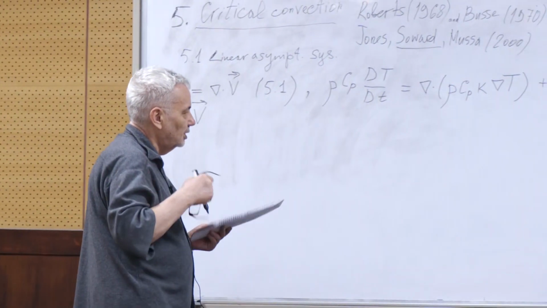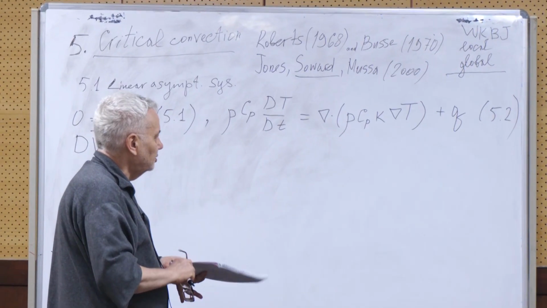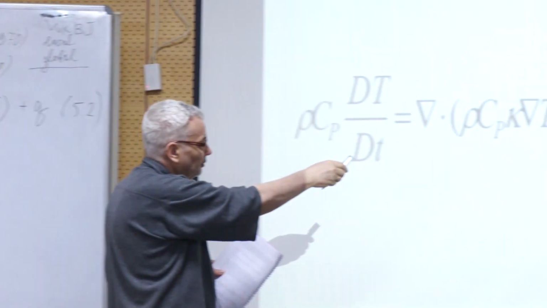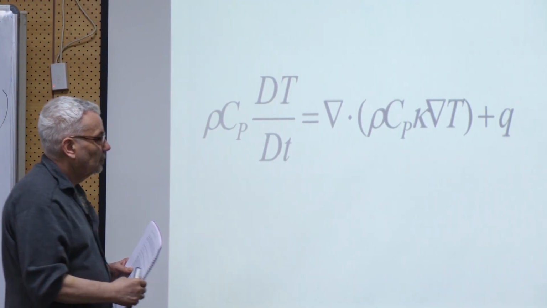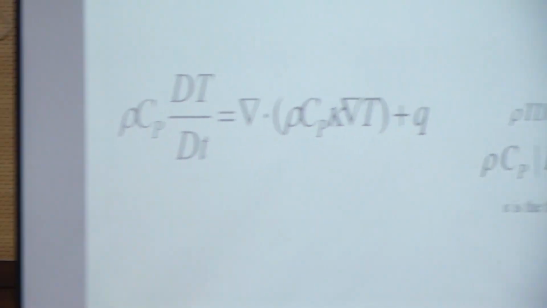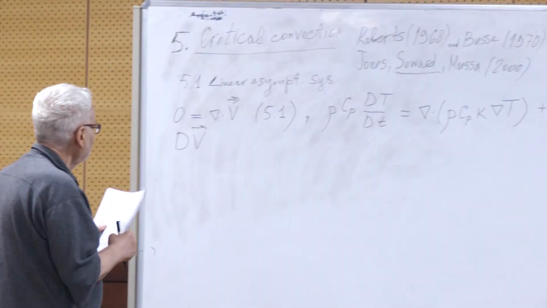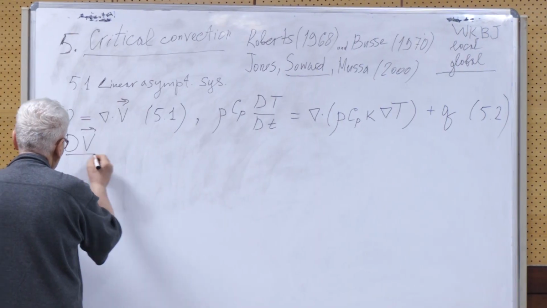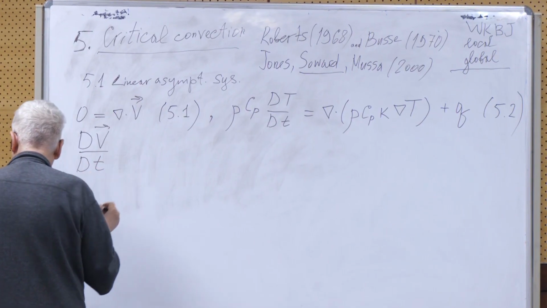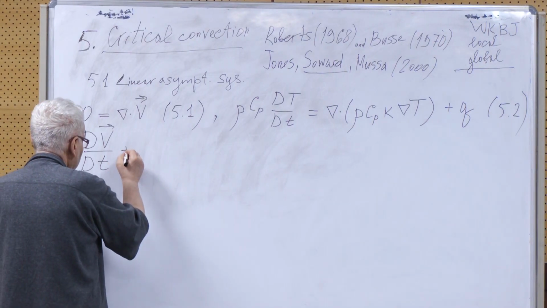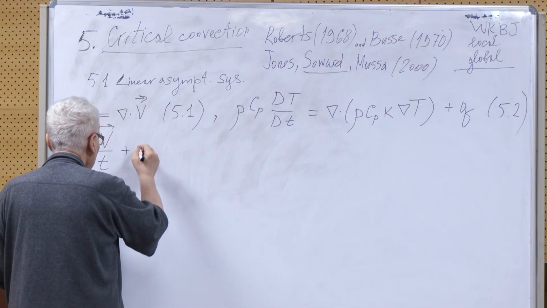And here perhaps also an important thing happens: to write down this equation as it was written here, it's necessary to suppose the following condition for the thermal expansion coefficient. And then we have this third equation, which is in fact the Navier-Stokes equation.